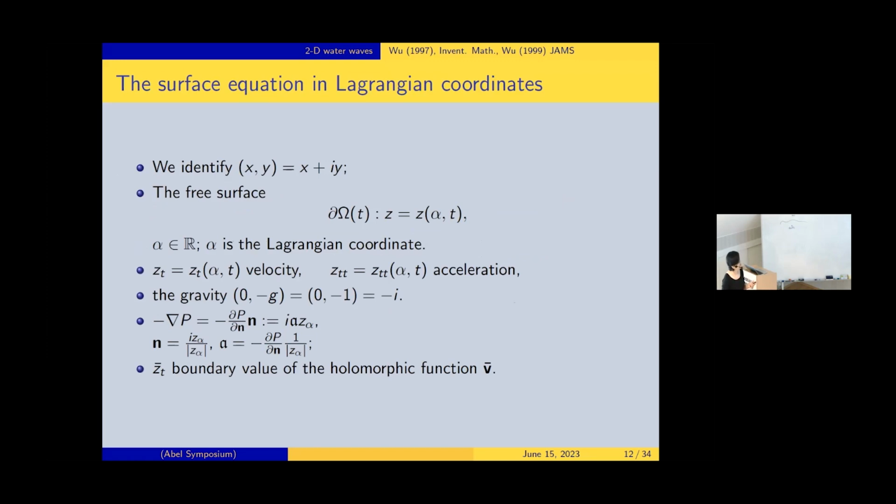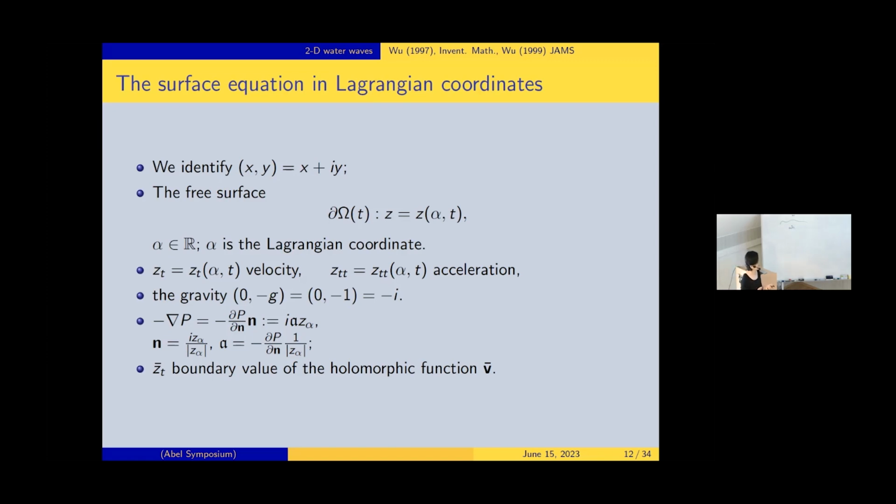So let's just write down the equation in Lagrangian coordinates. In 2 dimensions we always identify a point with a complex variable x plus iy, and we can write a free surface as z equal to z(alpha, t). Alpha is a Lagrangian coordinate, which means z(alpha, t) indicates the particle trajectory of the same particle on the interface.